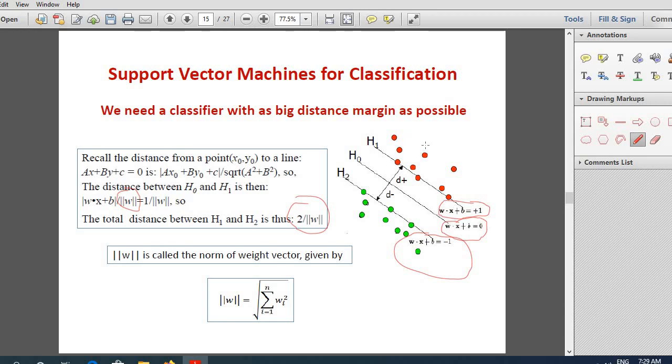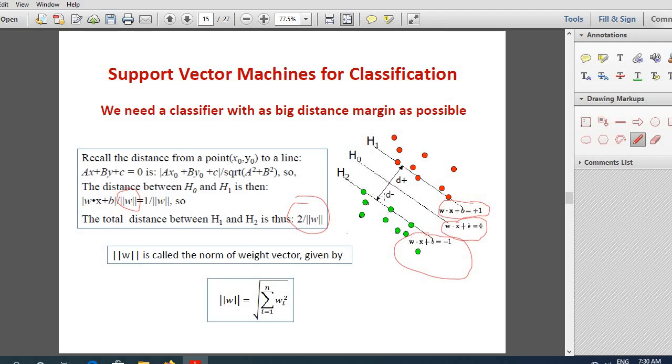And for all the other data points belonging to the red class, the g of x value should be greater than 1. That is, for class 1, the data points should have a linear function value of either 1 or greater than 1.